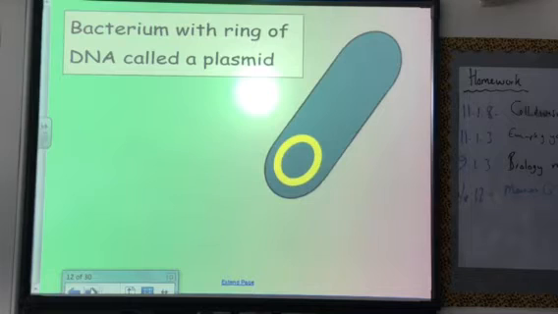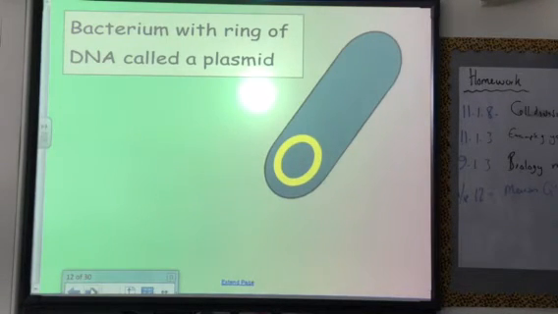Now, this was the bacteria we talked about. And bacteria have this very funny little bit in their structure called a plasmid. That yellow circle is DNA. Alright? The great thing about plasmids is we can manipulate them, we can change them around, we can insert stuff into them, we can take stuff out.